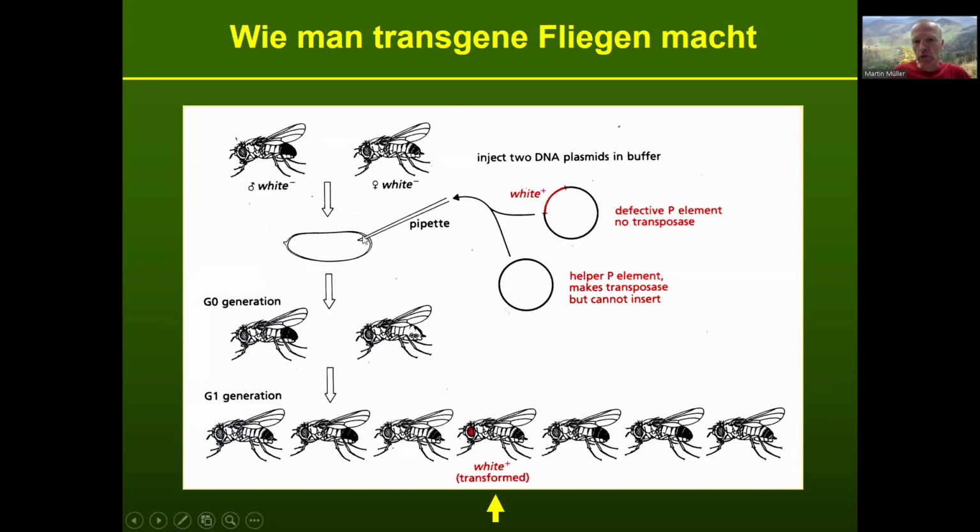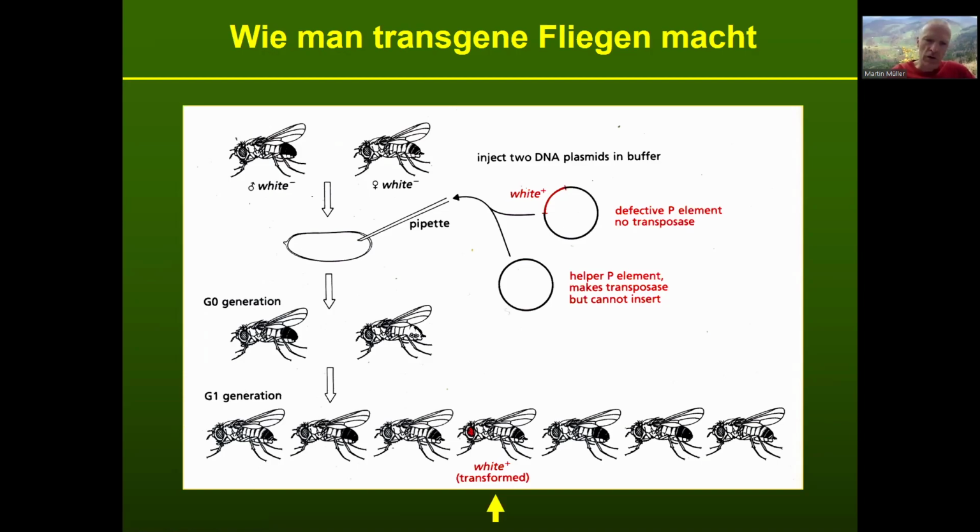Now, using a very fine microcapillary, a needle basically, in which you fill these two plasmids, we inject an embryo. This is the embryo. This is the anterior end. This is the micropyle, marking the anterior end, and the posterior end. In the fly, in the posterior end, the germ cells will develop.